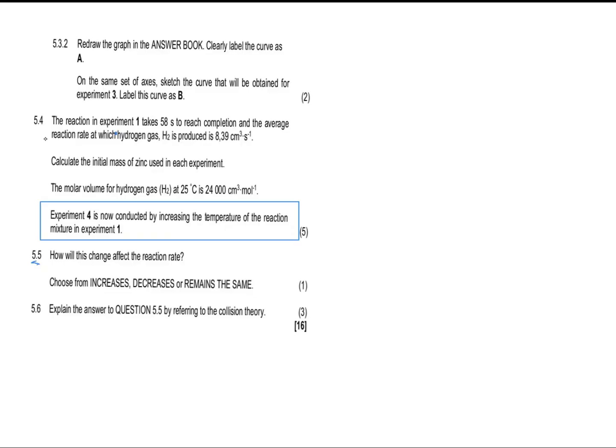What does an increase in temperature do to the reaction rate? We know according to our Maxwell-Boltzmann distribution curve, an increase in temperature actually increases the average kinetic energy of molecules. So also according to collision theory, and then how will this change affect the reaction rate? So that means we're going to go with what? Increases.